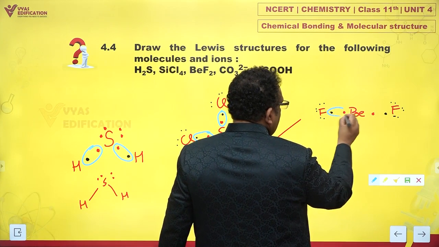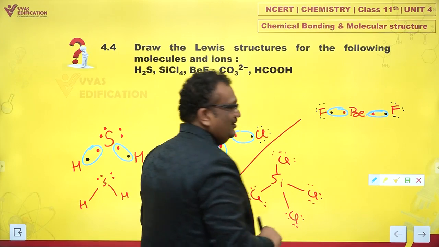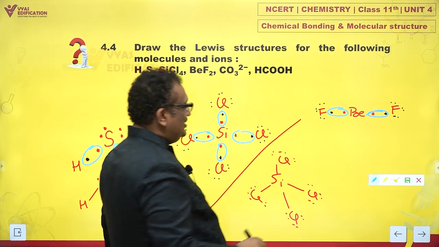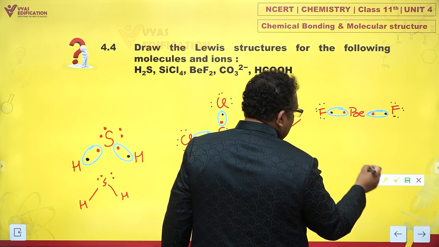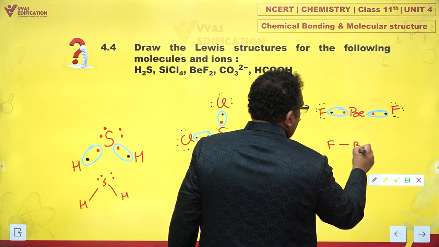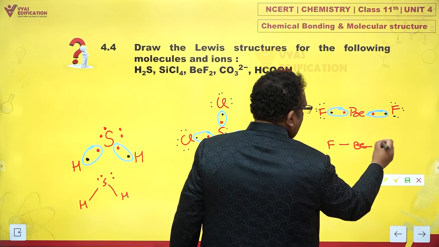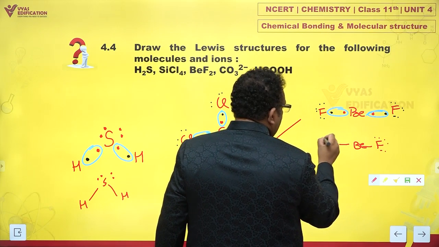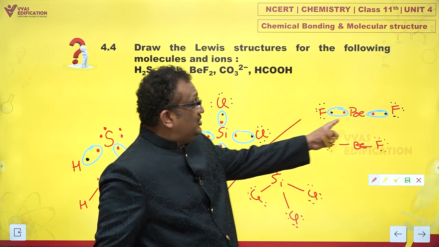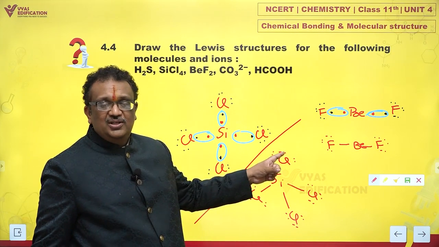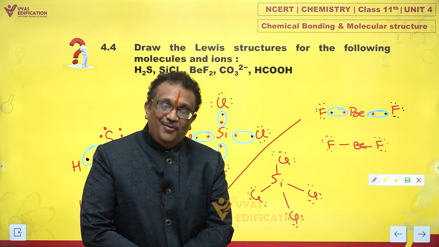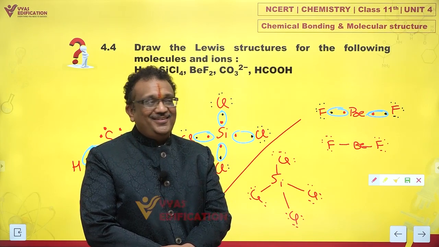There is a sharing like this, and you get BeF2 in this fashion. You could write it like this, or like this. This is the Lewis dot structure, this is the dot dash structure. Both ways it is written, and both are regarded as correct.